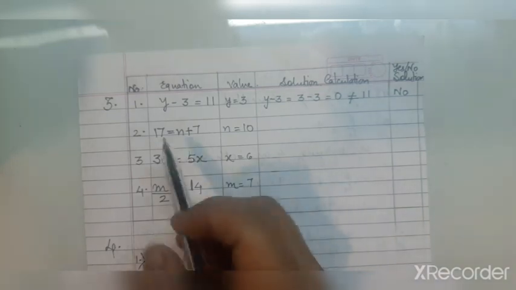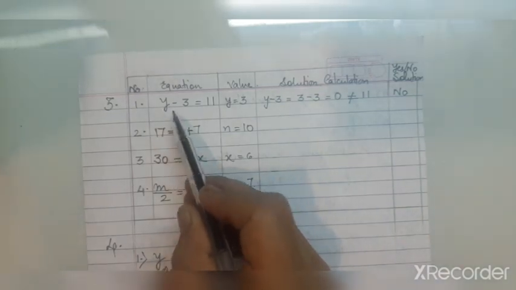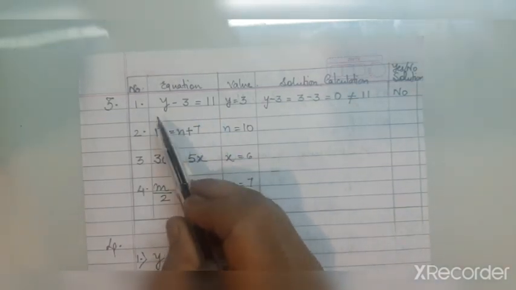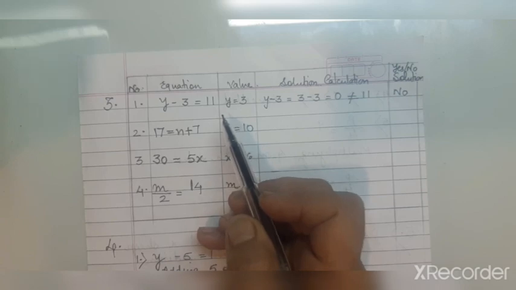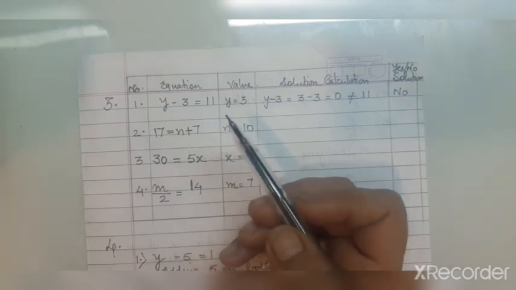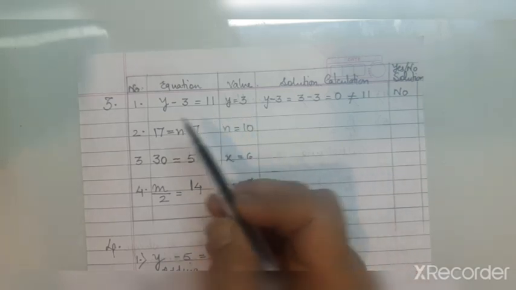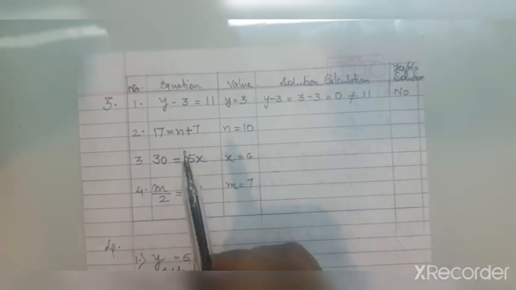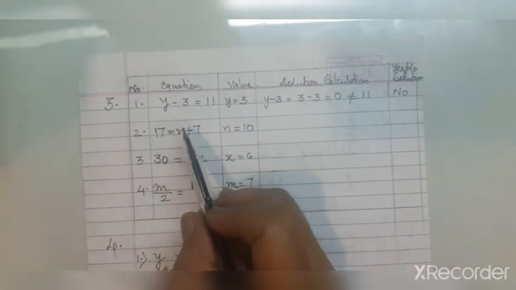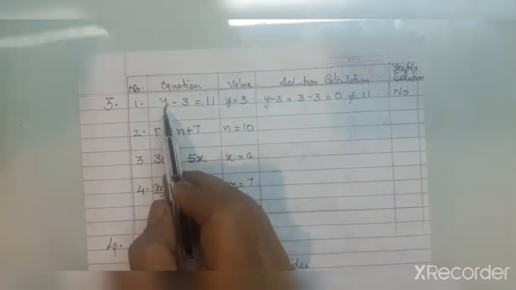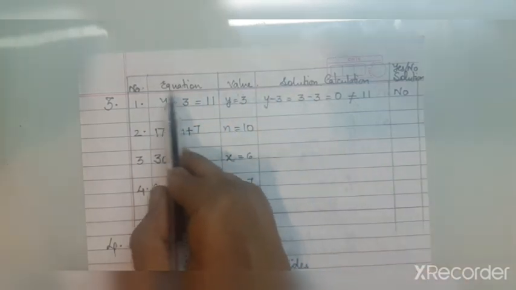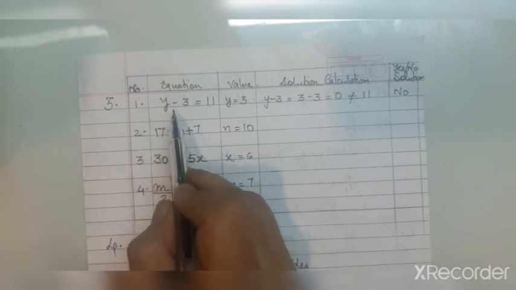Okay, if you see the first one, y minus 3 is equal to 11 is the equation, and they have given us the value of the variable as y equal to 3. Now, we need to see whether the given value of the variable is correct or wrong. And how will we come to know? When we get the left hand side equal to the right hand side. The left hand side of the equation is y minus 3.